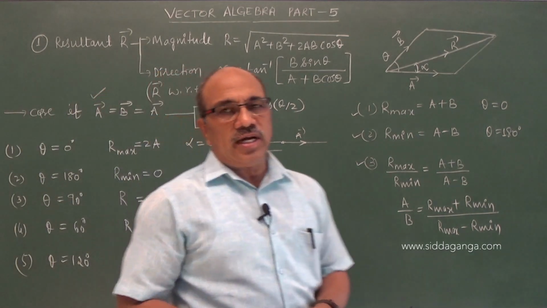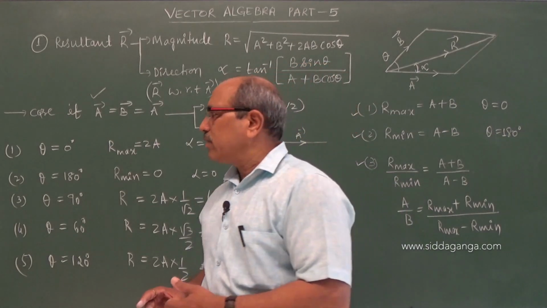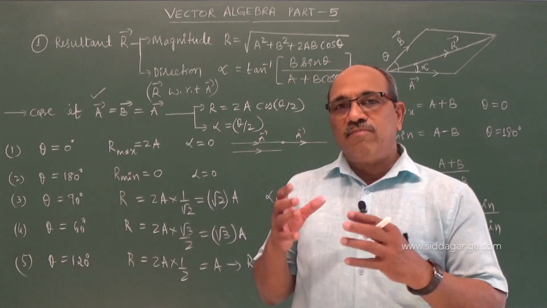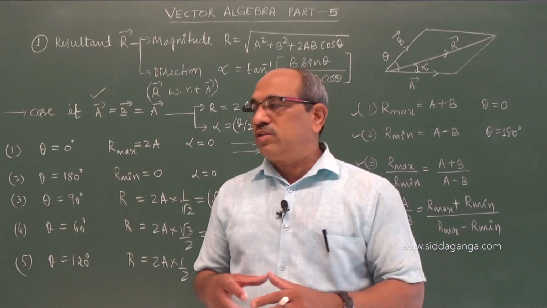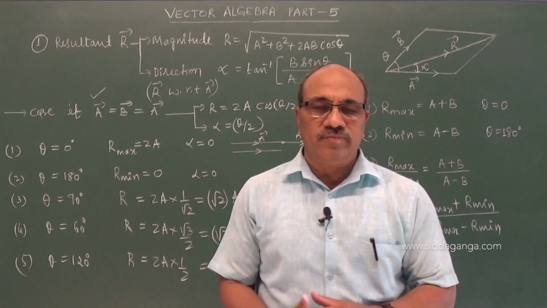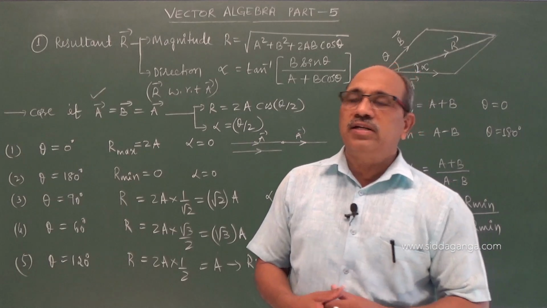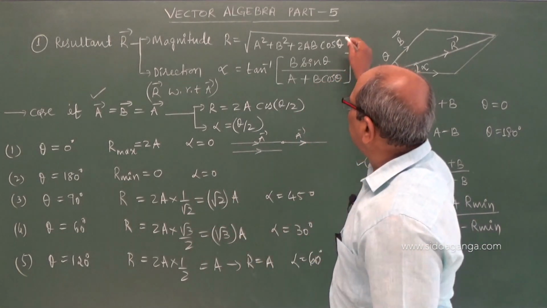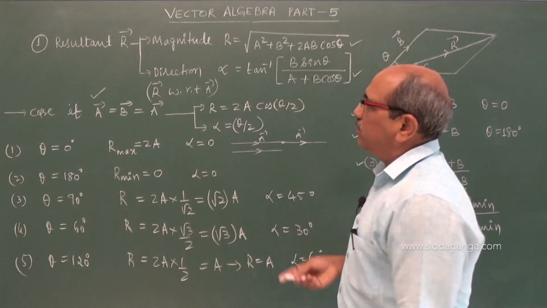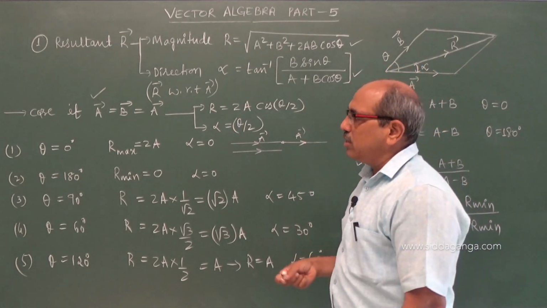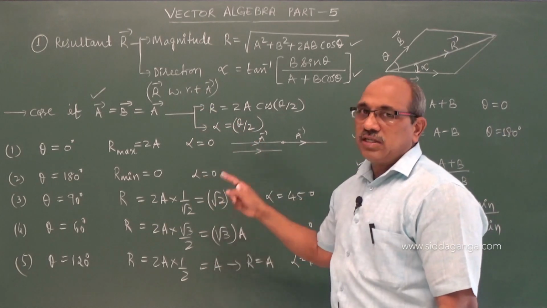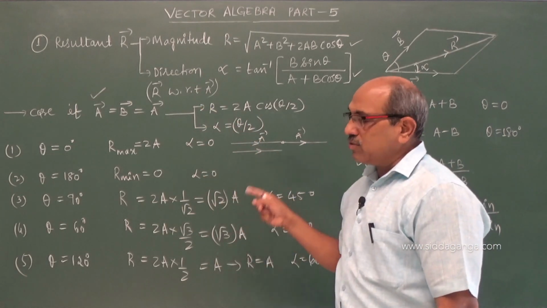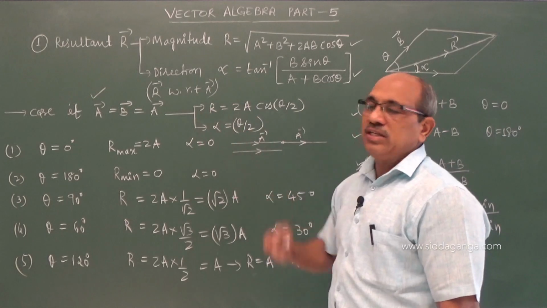Most important, in the addition part we have taken, we discuss the complete rules, including resolution of vectors, going to application level. The problem sections I will come to later. First I hope you have followed. Last class we derived the expression for the magnitude and resultant, and also these cases I have taken without a equal to b.